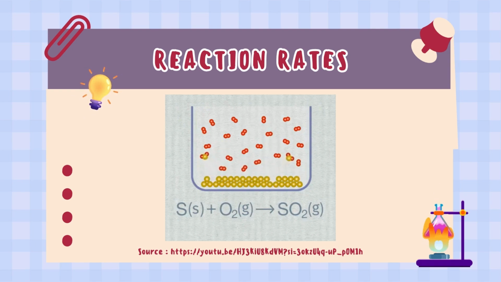Both substances form sulfur dioxide molecules. Visually, the amount of sulfur and oxygen continues to decrease while the amount of sulfur dioxide is increasing. This change causes a change in the molar concentration of sulfur, oxygen, and sulfur dioxide.